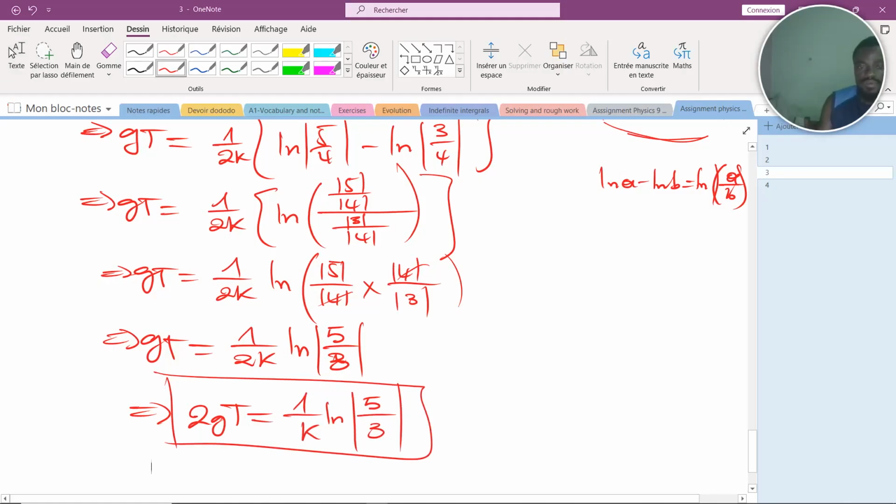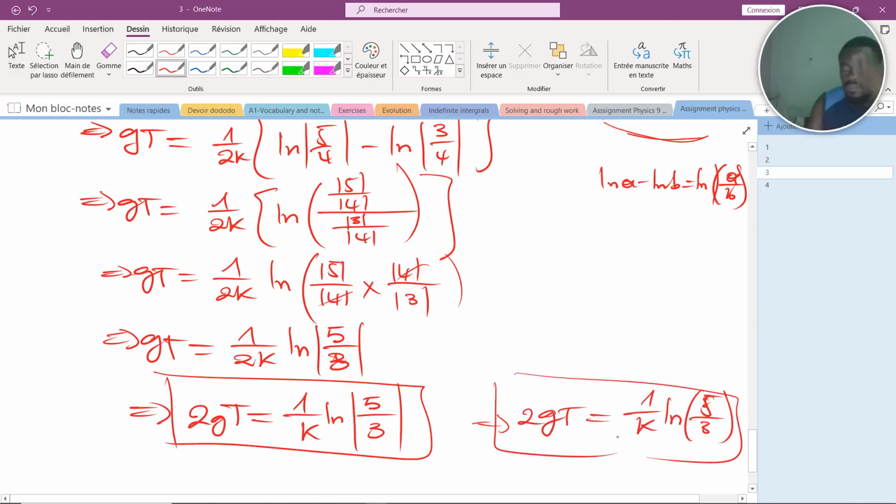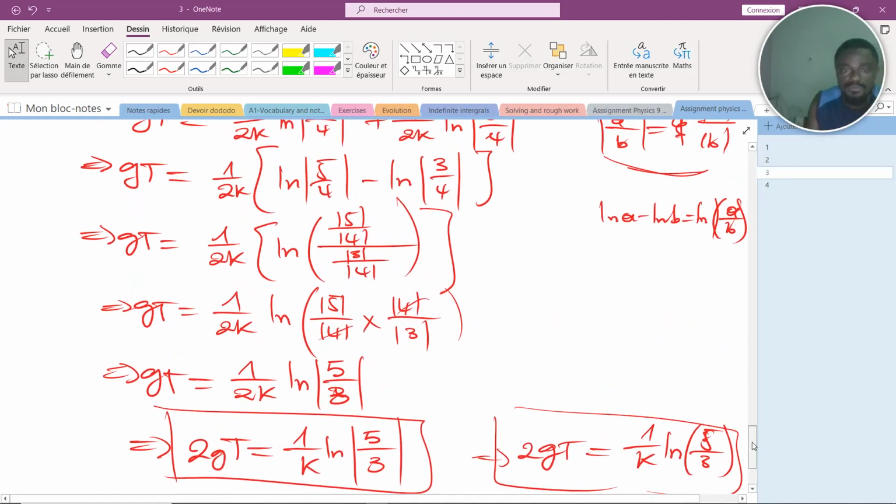If at this stage you can even remove the absolute value, 5 on 3 is what? 5 on 3. So this is also the same as 2g capital T being equal to 1 all over k ln of 5 on 3.